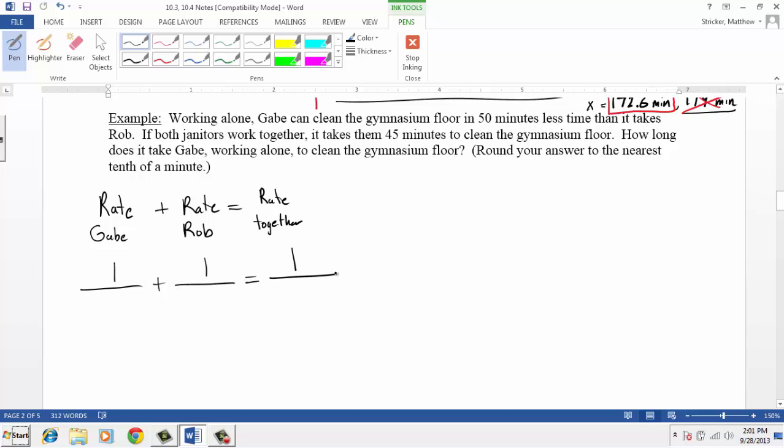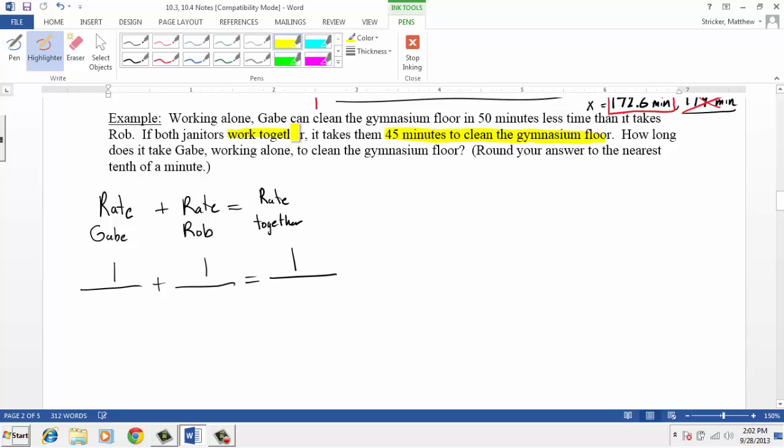And I want you to just go ahead and think about this for a second. Pause the video and ask yourself, what goes in those denominators? Okay, so you took some time to think about it. I hope you were able to come up with something. Notice that it says in the problem that it takes them 45 minutes to clean the gymnasium when they work together.